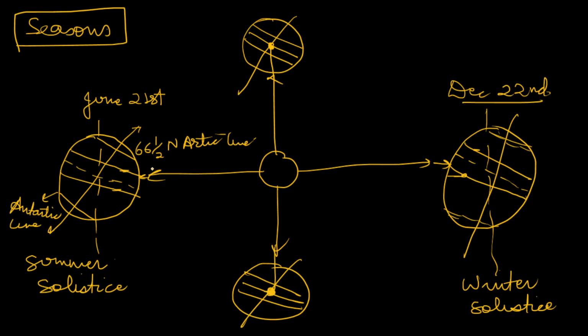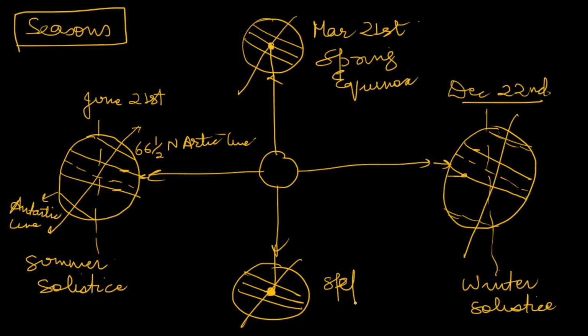Here the sun is directly on Tropic of Cancer, and on December 22nd, that is winter solstice, the sun is directly on Tropic of Capricorn, but at equinox, the sun is directly falling on the equator. So here it is March 21st, which is known as spring equinox, and this is September 23rd, which is known as autumn equinox.